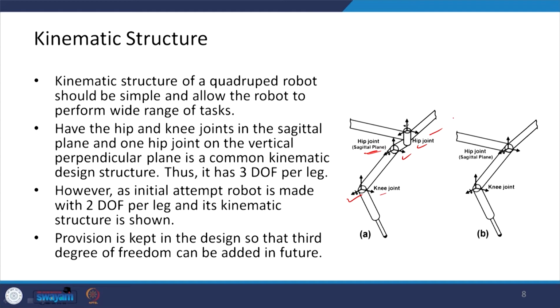Usually the kinematic structure of a quadruped robot should be simple, and it allows the robot to perform a wide range of tasks. And here you can see that we provided this hip joint feature for additional degrees of freedom, but this was a provision only in the developed robot, it is not there otherwise.